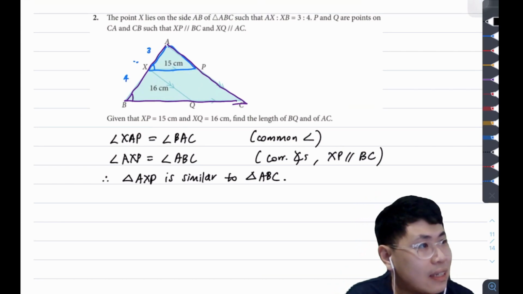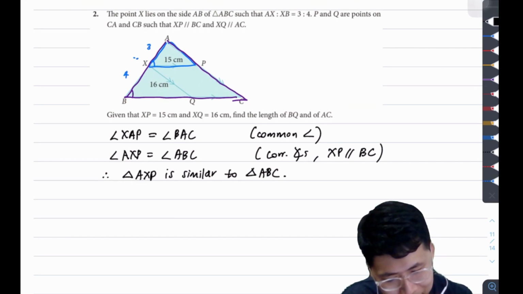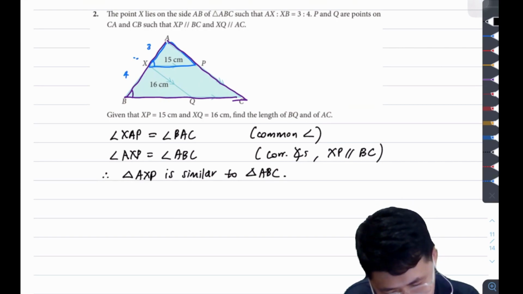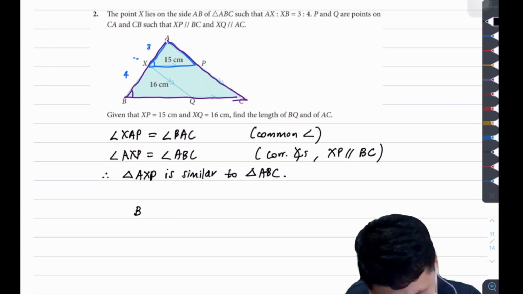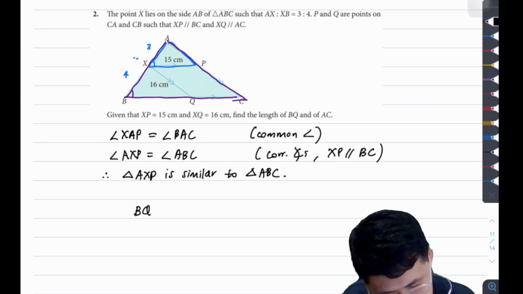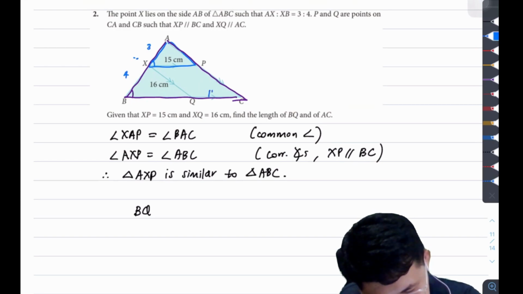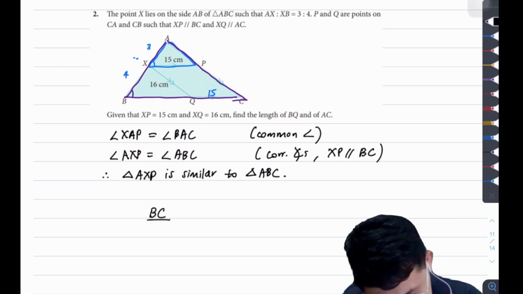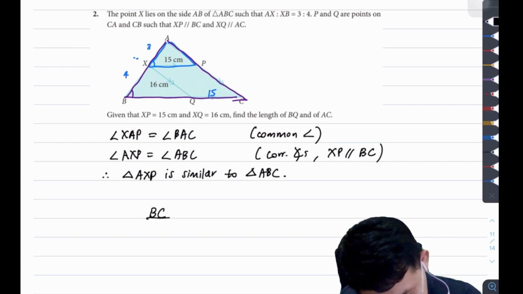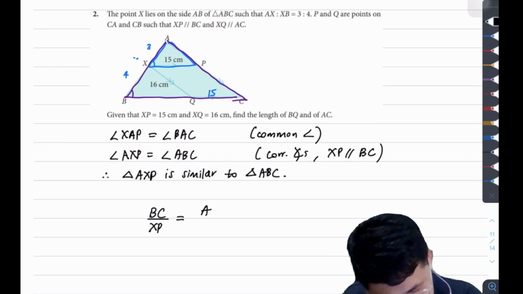So what we have here is BQ, right? Oh, actually this is 15 also, so it's actually not BQ. I'm looking at BC. I'm looking for BC, and BC over XP is equal to AB, the big one, over AX.